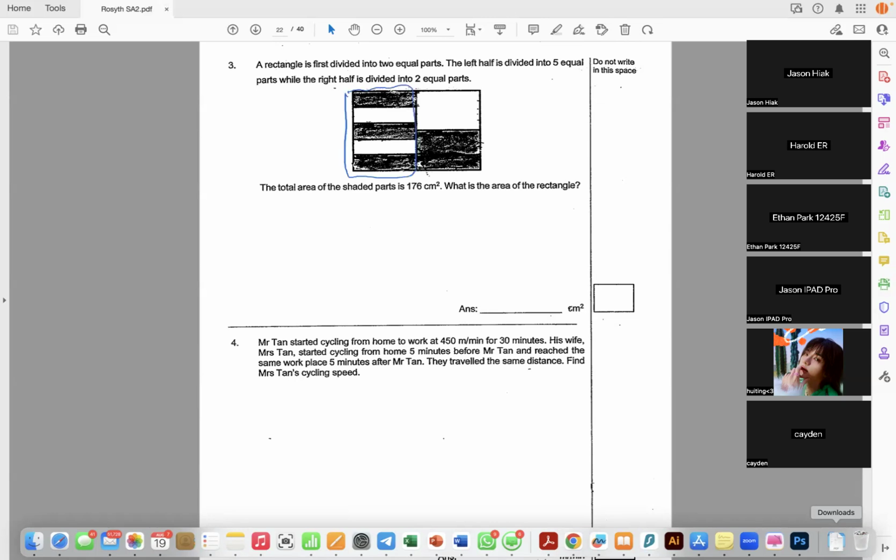Since it's 5 equal parts, each of them is 1/5 of the half. So one of these is 1/5 of half, which is 1/5 multiplied by half.